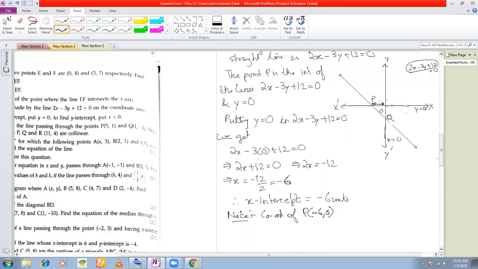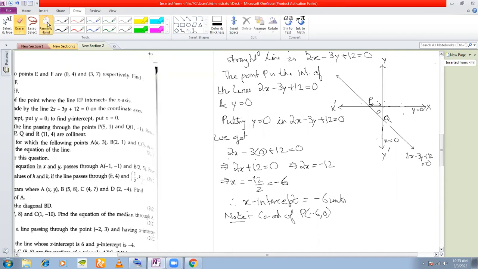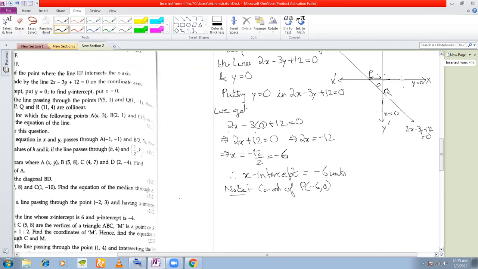So exactly similarly, we find out the coordinates of Q. How do you find out coordinates of Q? The point Q is the point of intersection of the straight line 2x minus 3y plus 12 is equal to 0, and the y-axis. And what is the equation of the y-axis? It is x is equal to 0, isn't it?